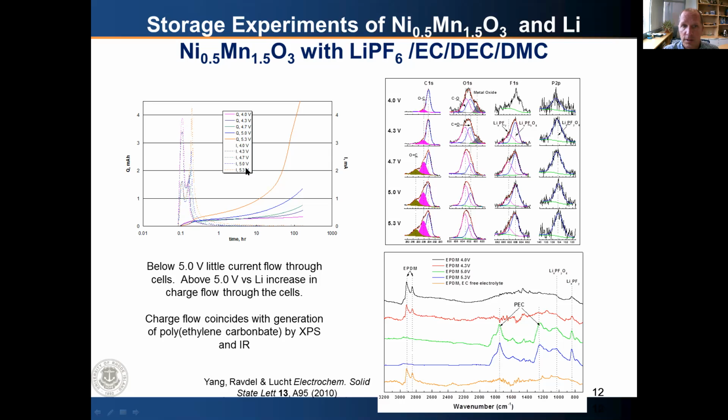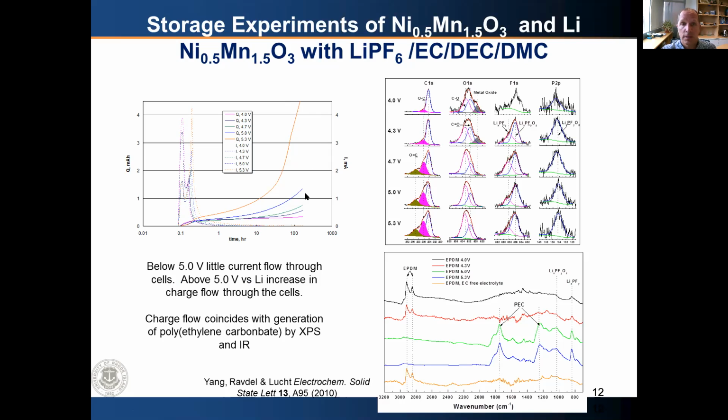However, if you store the cells at high potential, 5 volts or 5.3 volts, we see a very large amount of residual current flow. Since these materials are already delithiated, basically what we have are only the side reactions of the cathode material with the electrolyte and not any delithiation reactions.